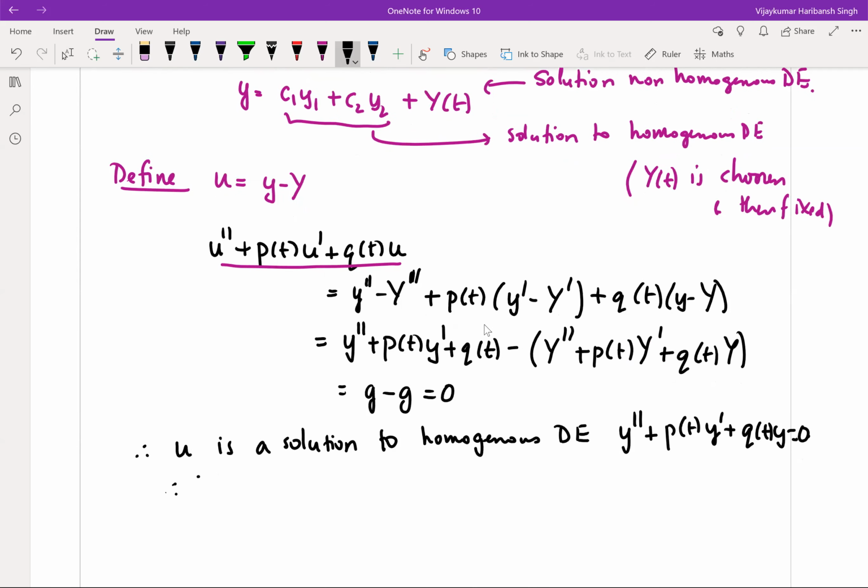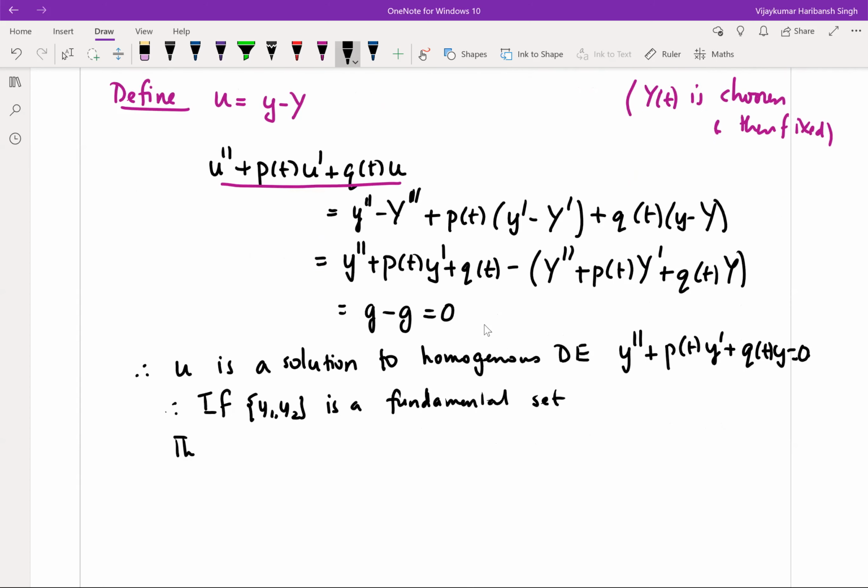Therefore, if y1 and y2 are fundamental solutions, or rather, as a set, if y1 and y2 is a fundamental set, then by theorem 4 of section 3.2.